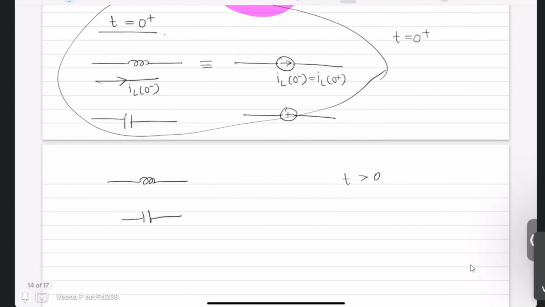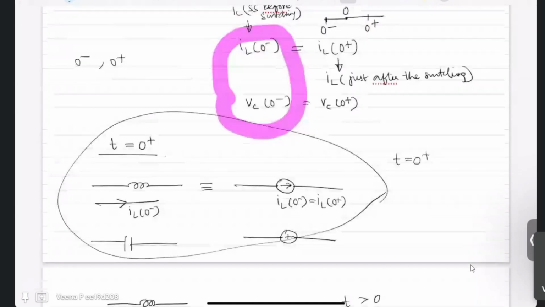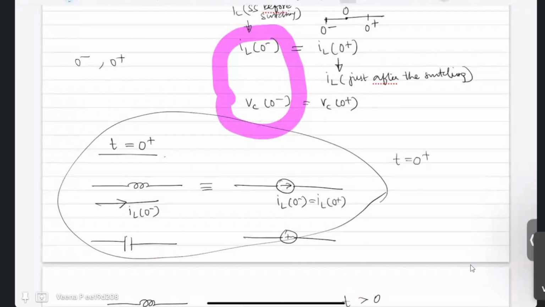Now as time progresses, the circuit will reach steady state. At steady state, your inductor will be replaced with a short circuit and your capacitor will be replaced with an open circuit. So these are the three stages of switching. One, before the switching, what is the steady state? That will be the values. For inductor, the current will be same. For capacitor, the voltage will be same.